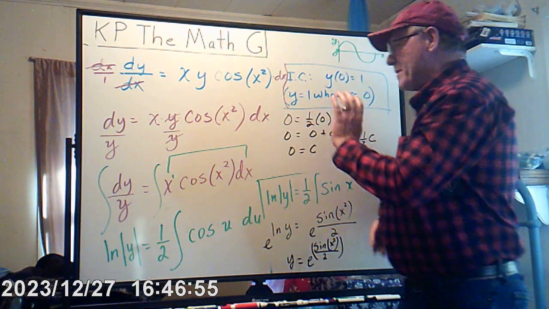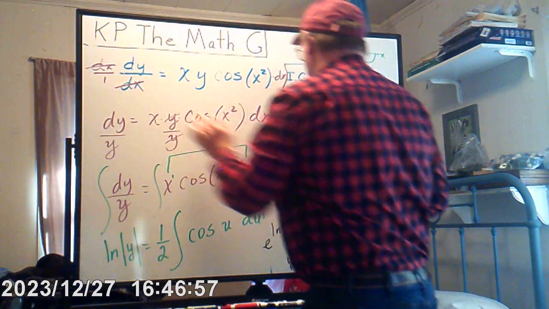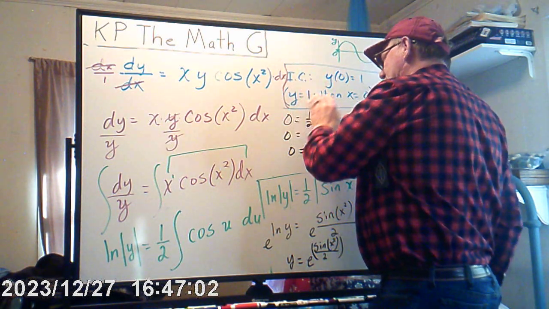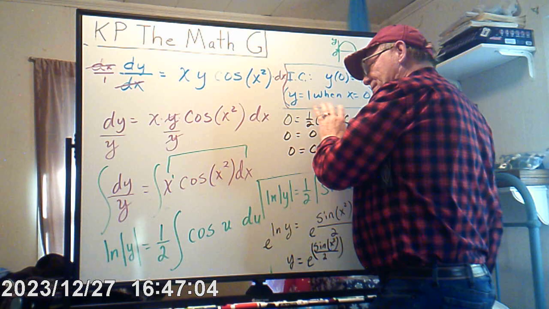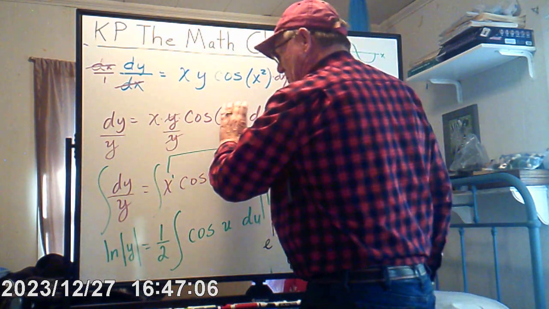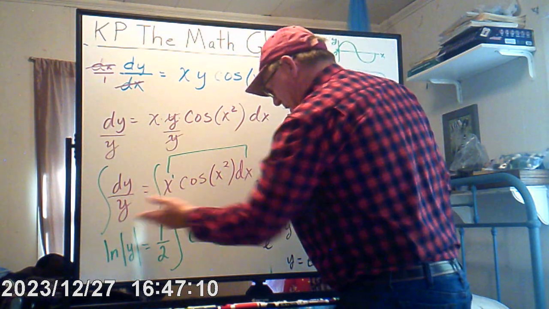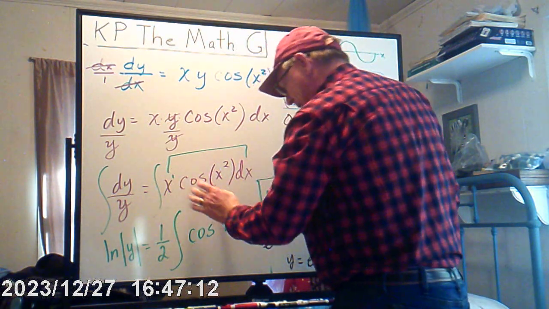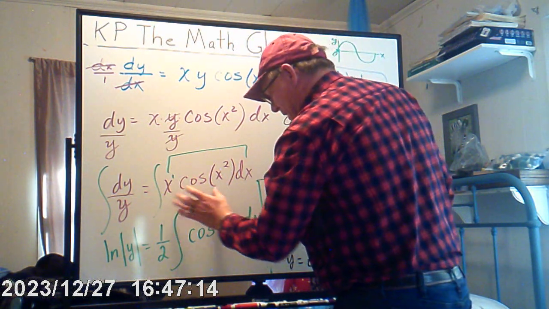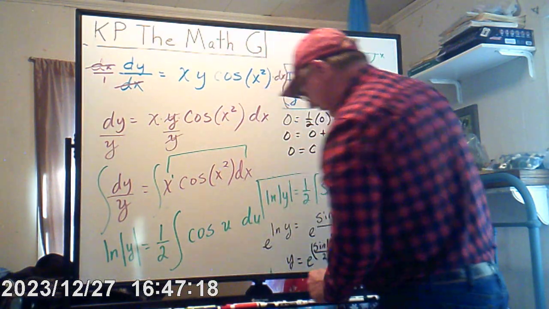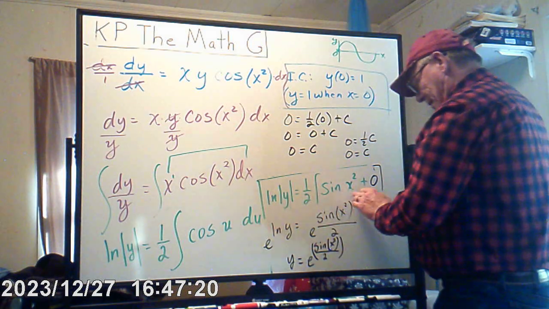To recap, we had a differential equation, we had an initial condition. That's what you're going to be left with. You start with that, then you separate the variables. Once you separate the variables, you integrate. This one had to be by u substitution. And then once we did that, we had to plug in.